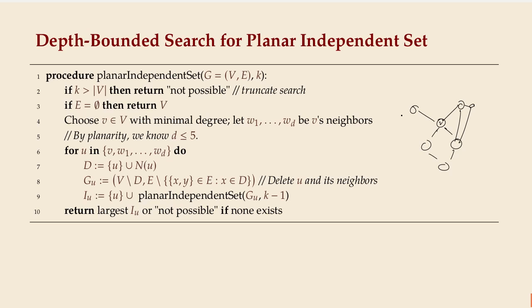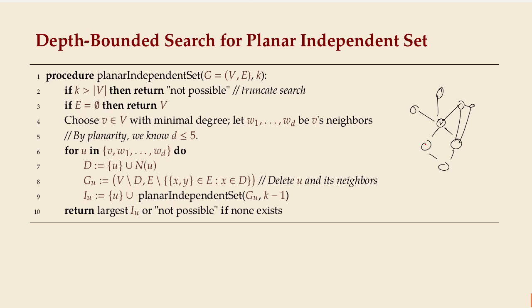So any independent set that's maximal has to contain one of these 5 nodes in that case, and it could be one more. That's the largest degree that we can have. So we just take these 6 or less nodes, and for each of these nodes, add the node to the solution, and then remove the node and all its neighbors.